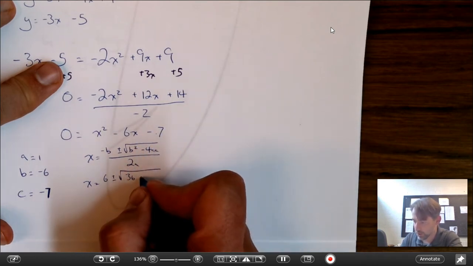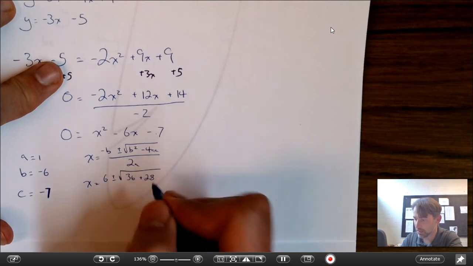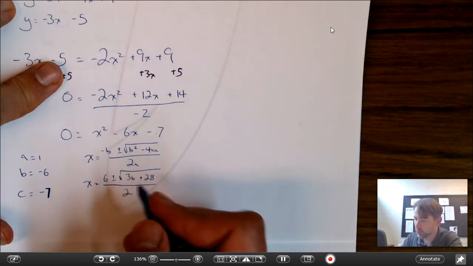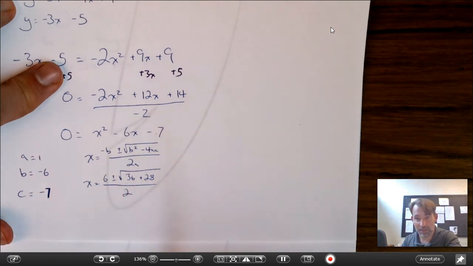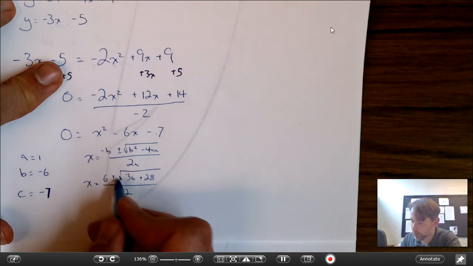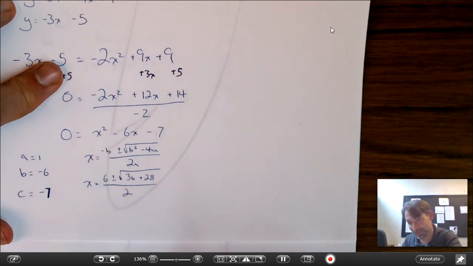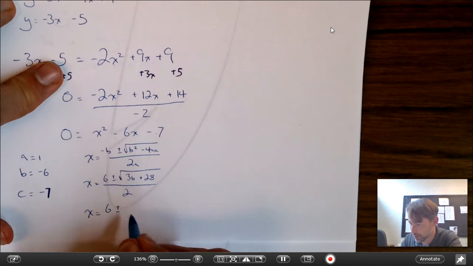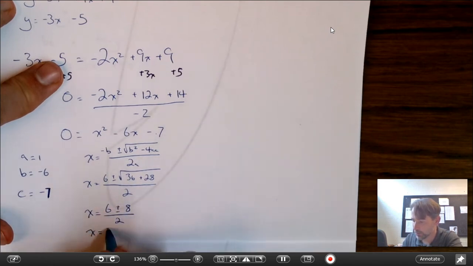So 36 plus 28, all over 2 times a, which is 2. 36 plus 28 is 64, and the square root of 64 is 8. So x is equal to 6 plus or minus 8 over 2, or x is equal to 3 plus or minus 4.